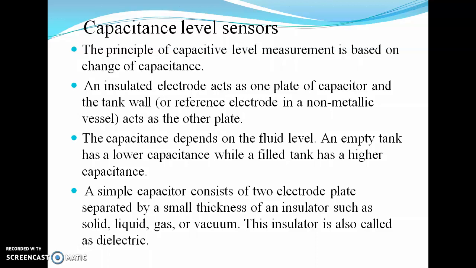The capacitance depends upon the fluid level. An empty tank has low capacitance, while a filled tank has higher capacitance. As you know, a simple capacitor consists of two electrode plates separated by a small thickness of an insulator such as solid, liquid, gas or vacuum. This insulator is also called the dielectric.